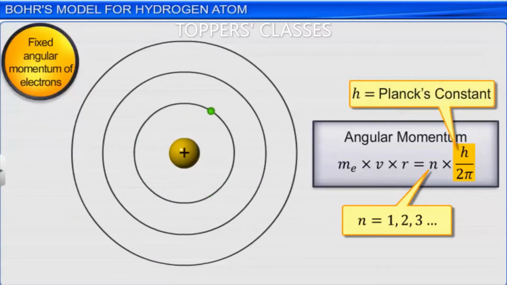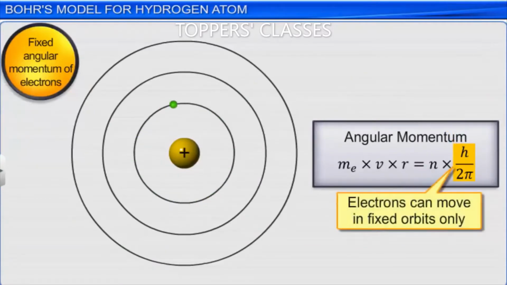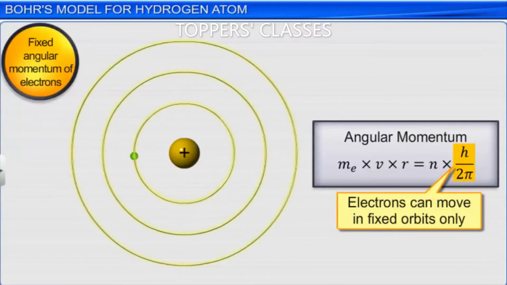Since angular momentum can only be an integral multiple of h/2π, only certain fixed orbits or stationary states are allowed for electrons to move around the nucleus.